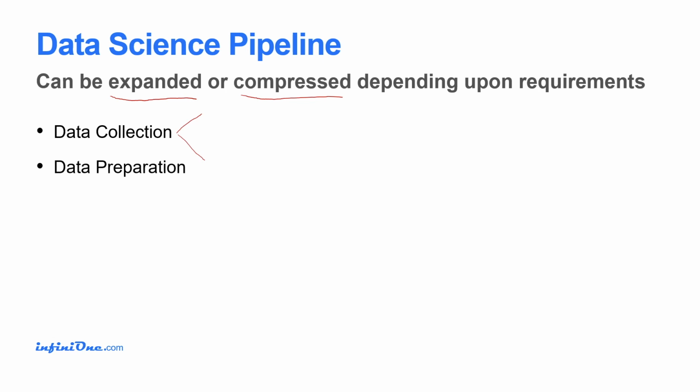Once the data is available, the next task is to prepare the data for any machine learning algorithm, any data science algorithm. Preparation of the data is sometimes required because the data is available in heterogeneous formats. It may be available as videos, images, audio, or text. However, the data science algorithms actually require all the data in numeric form.